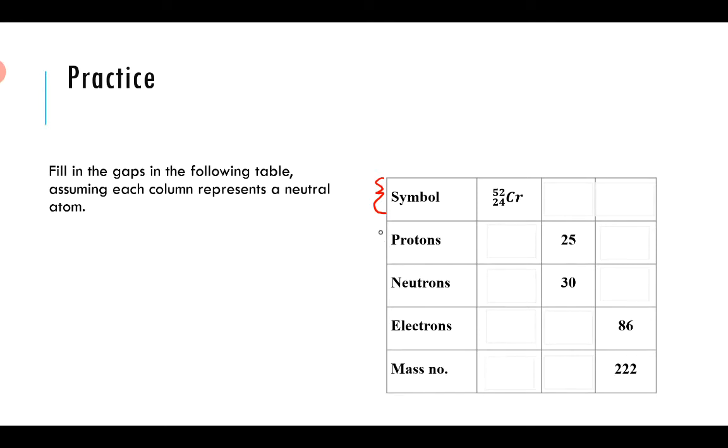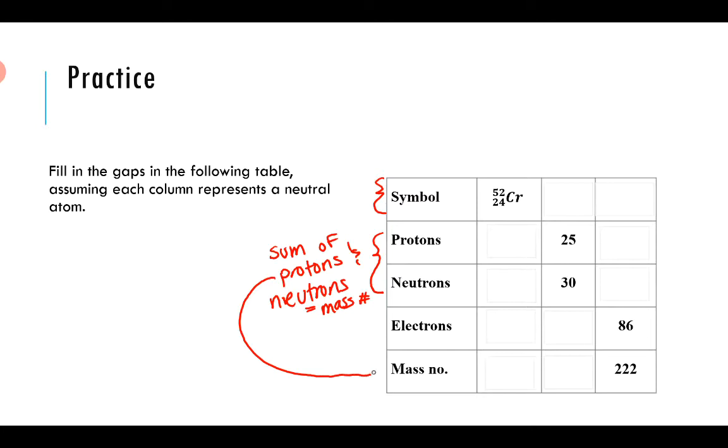All right, let's figure this out together. So we know that the sum of the protons and the neutrons is equal to the mass number. We know that it's neutral because it says neutral.